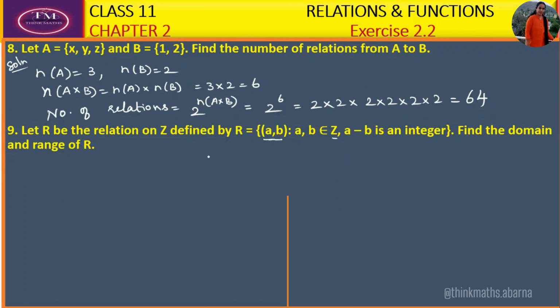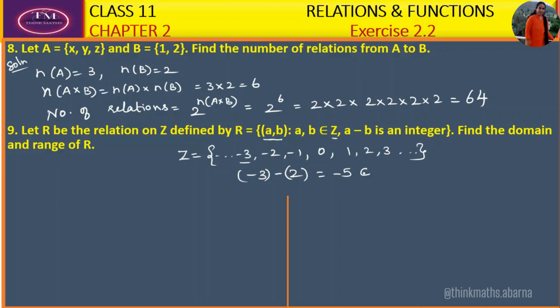So let us take two integers. What do you mean by integer? Integer is both negative value, 0 and positive value together form integer. So let me take a negative integer minus 3 and let me take the positive integer 2. So their difference, it is minus 3 minus 2, it is minus 5.